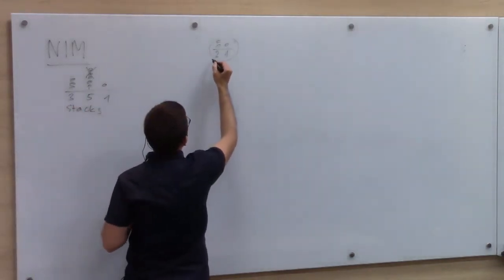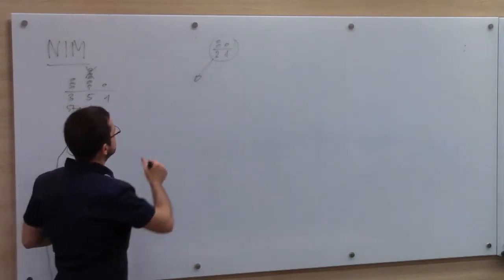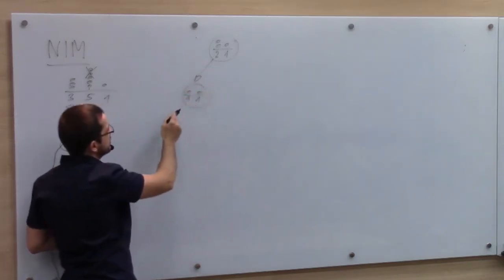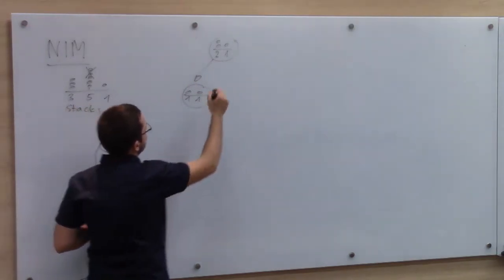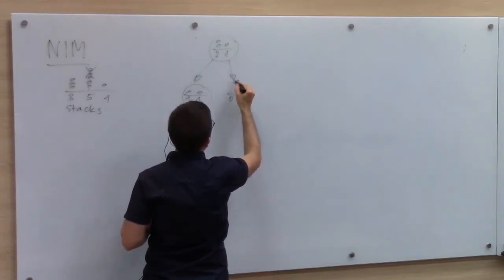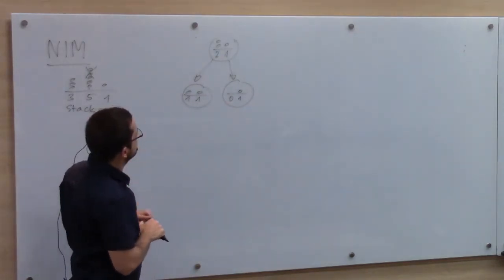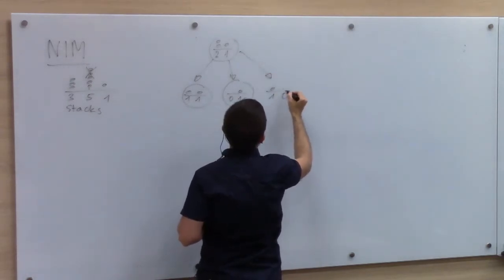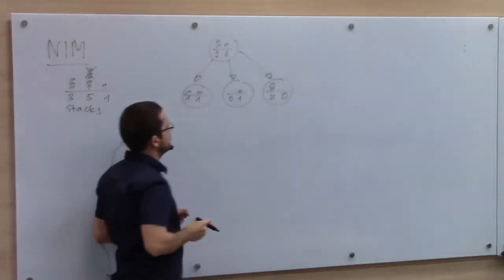One valid move would be to remove 1 token from the first stack, and we end up in the state in which we have 1 and 1 token, but we still have additional moves. We can remove both of the tokens from the first stack, and we can remove the only token from the second stack.